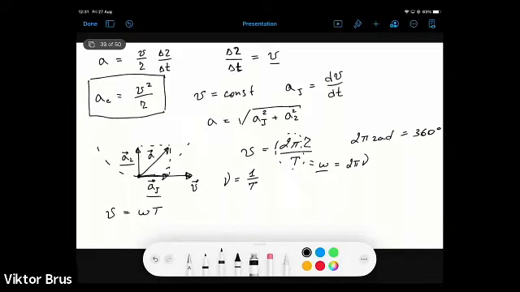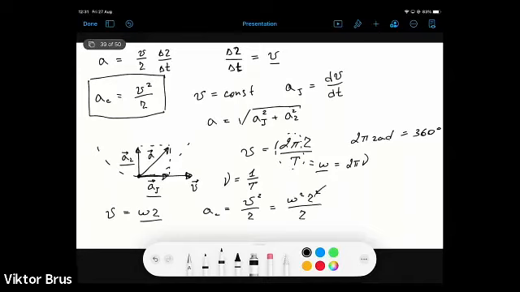And now for centripetal acceleration, we know that it's equal to linear velocity squared over radius. Here I also made a mistake, sorry, it's radius, not period. So we can substitute instead of v squared, omega squared times r squared. This is divided by r.